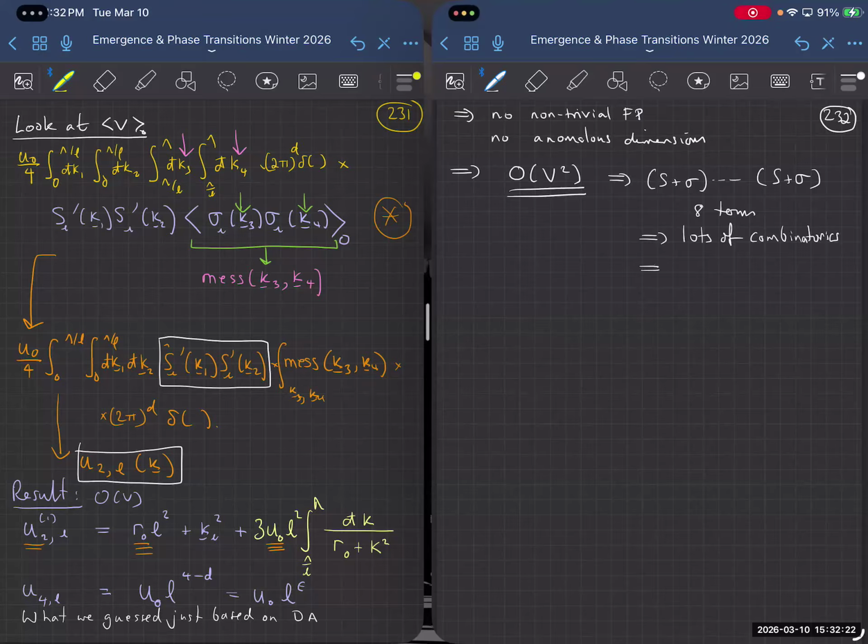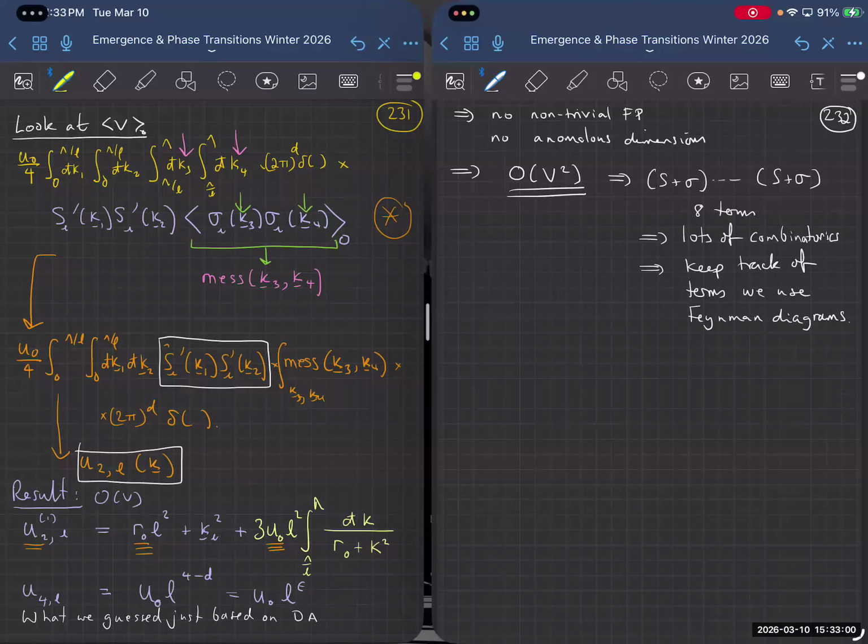And that implies that to keep track of the terms, we use Feynman diagrams. And they're all worked out and explained, and all the combinatorics and every single factor is shown in chapter 12 in my book. And I'm not going to do that, okay? Because it's a lot of work.